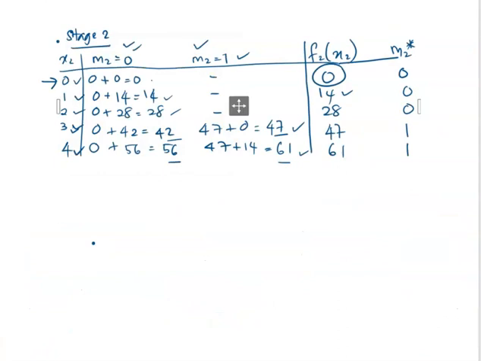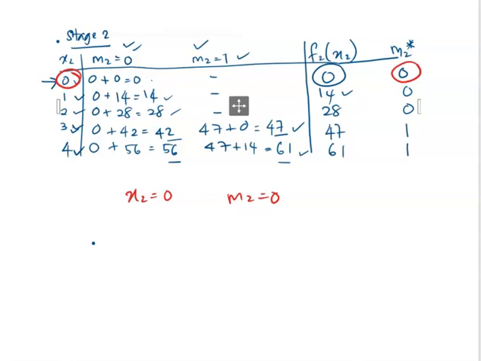At stage 2, when x2 equals 0, the value of m2 is also 0. Now we use these values, x2 equals 0 and m2 equals 0, and substitute them into the function at stage 2.